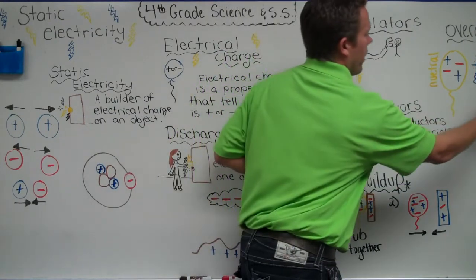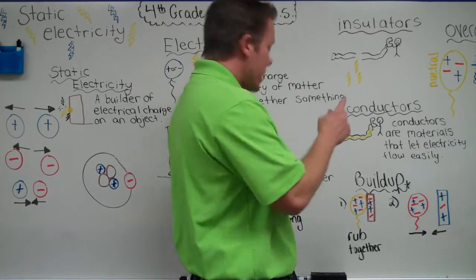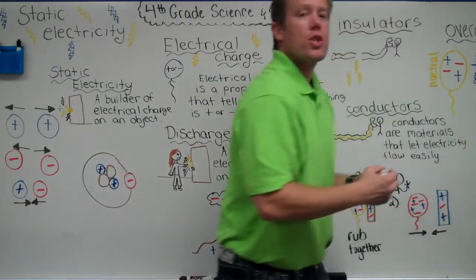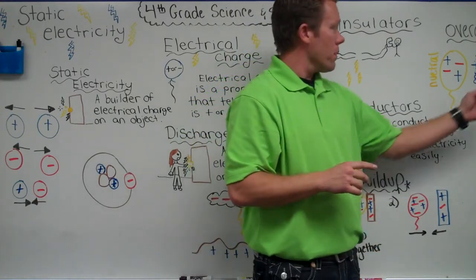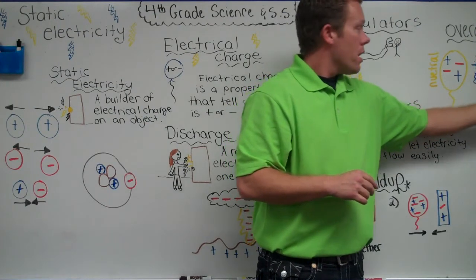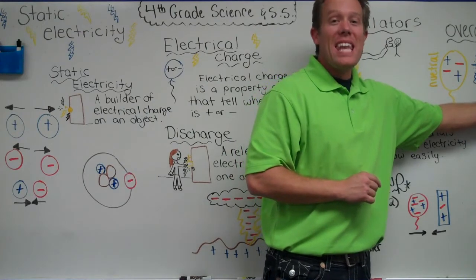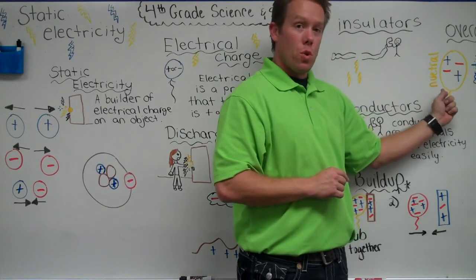These are balloons, by the way. So that balloon's overall charge is positive. This balloon's overall charge is negative. The reason this one is positive is because it has more positive charges than negative. The reason this one is negative is that it has more negative charges than positive. If it has the same, it's neutral.